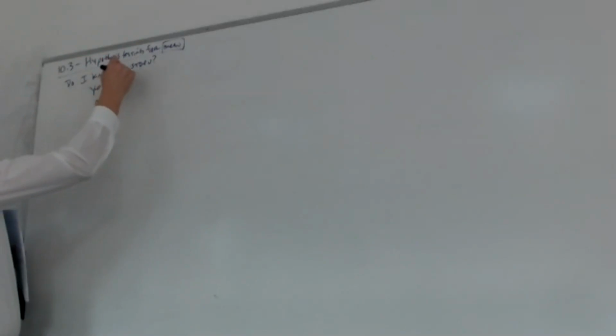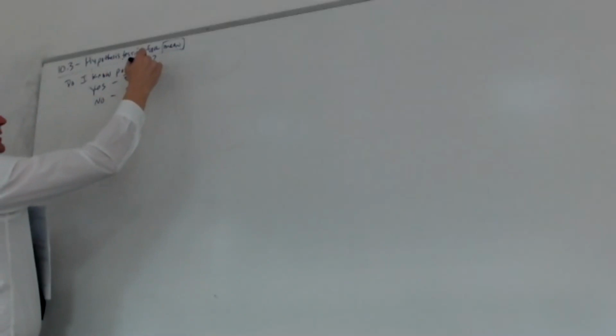So this is the same question. What are the 2 possible answers? You can either say yes, or you can say no. If you know the population standard deviation, what kind of a distribution is it? Normal, which is the z distribution. If you answer no, what kind of a distribution is it? It's going to be a t.